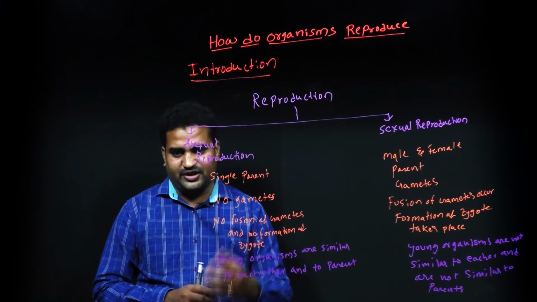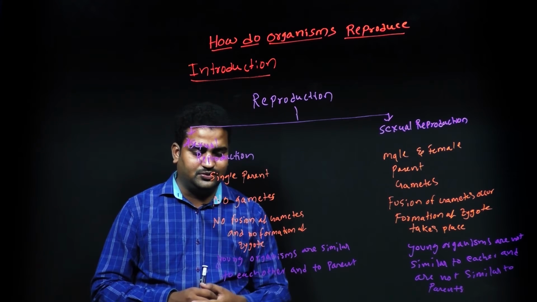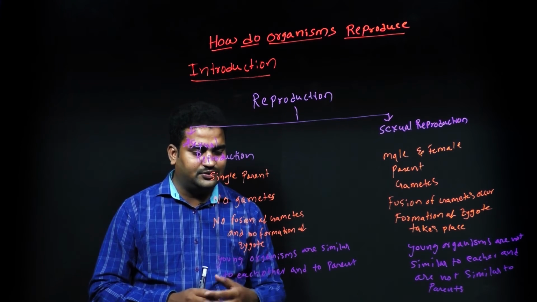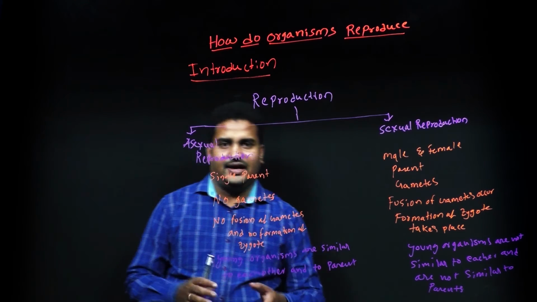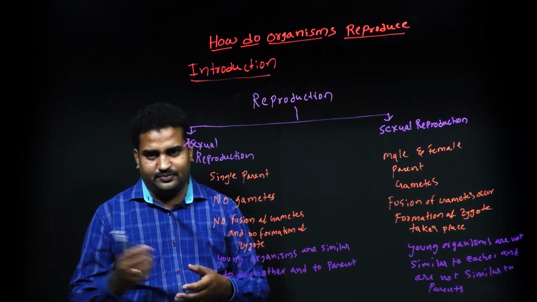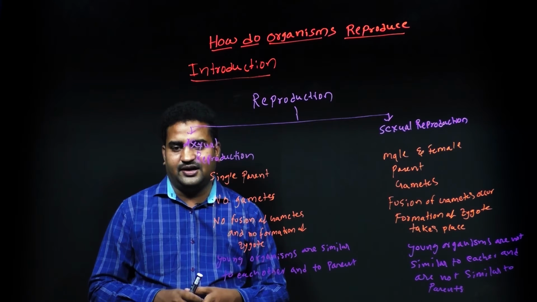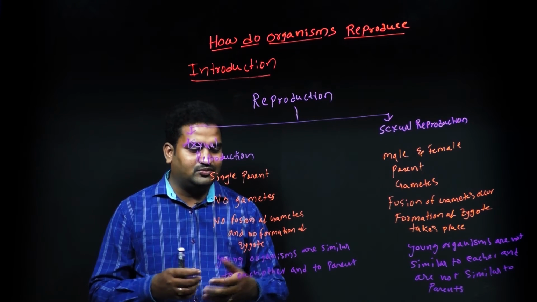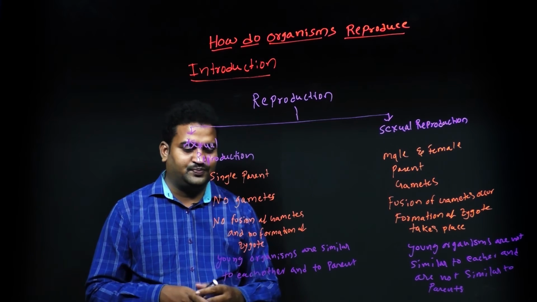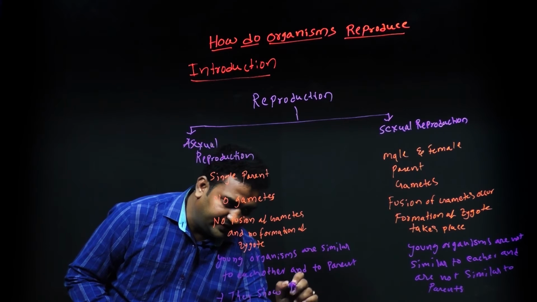Generally, in asexual reproduction the young organisms are similar to each other and to their parent. But in sexual reproduction, as they get genes from their mother and genes from their father, usually they are not similar to each other, and also they are not similar to their parents.